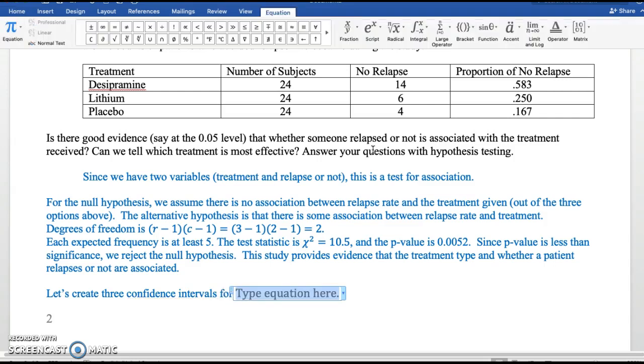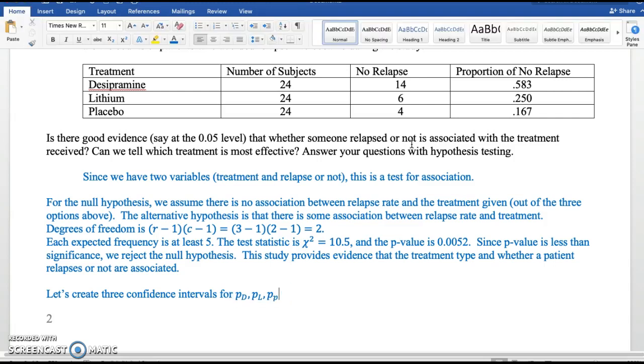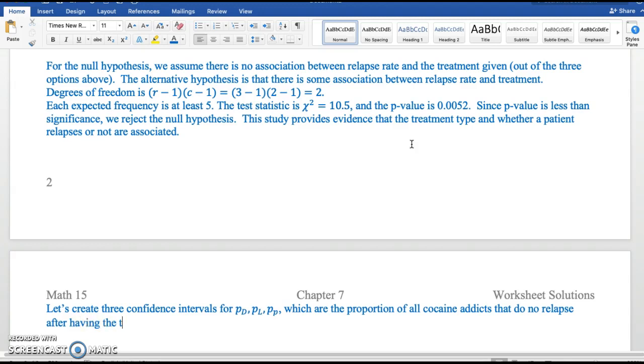for, I'm going to write this down as P sub D, P sub L, and P sub P for placebo, which are the proportion of all cocaine addicts that do not relapse after having the treatment.